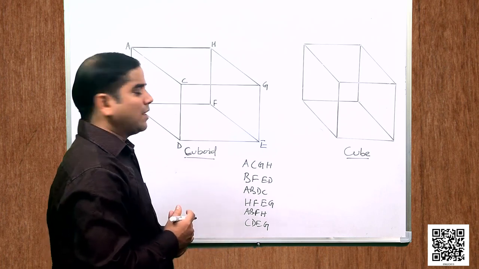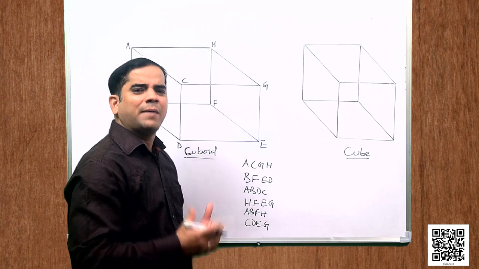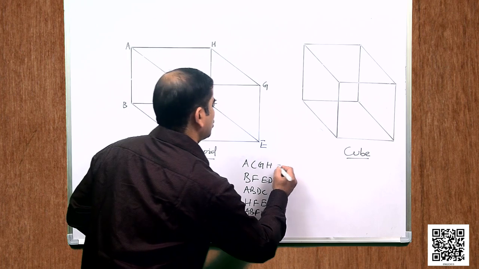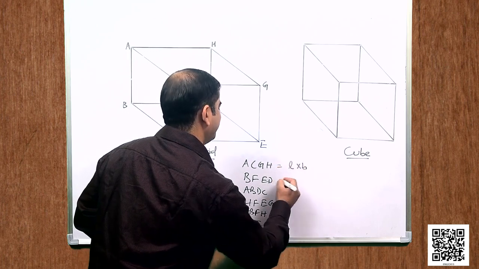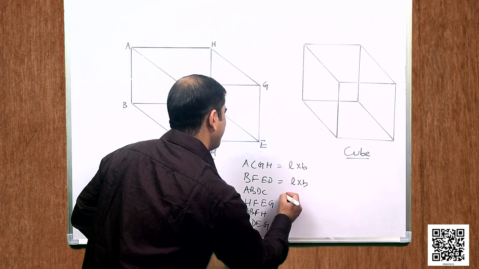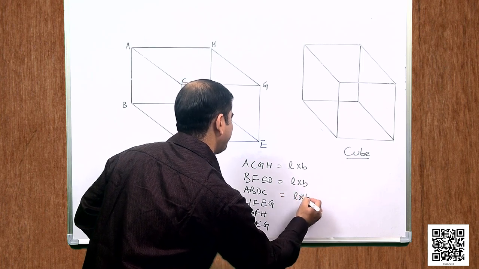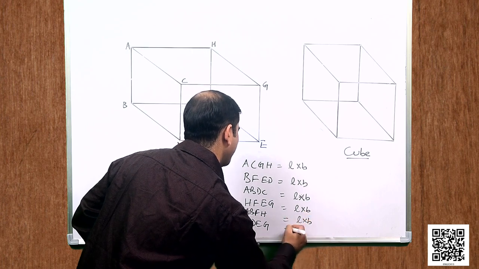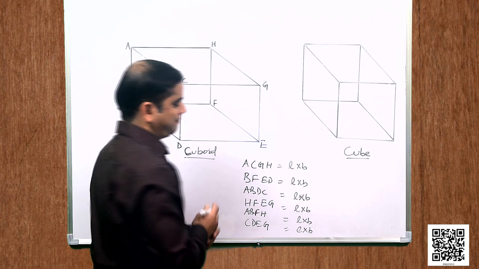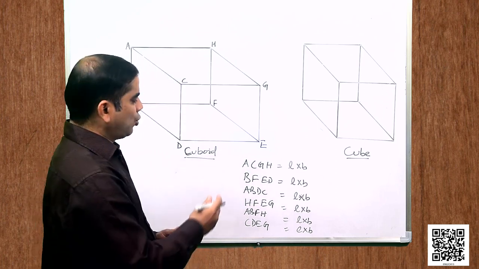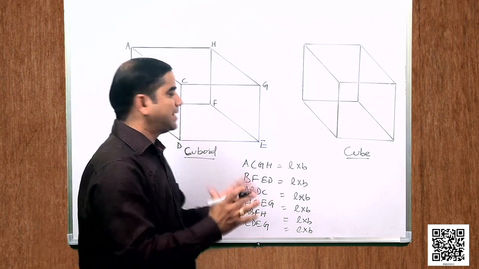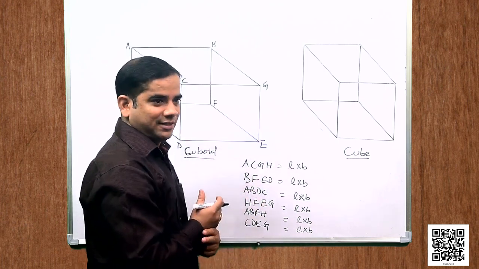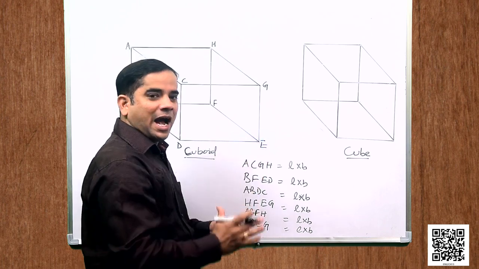Okay. So now for each rectangle we have some area, isn't it? For each rectangle the area should be L into B. This is also L into B, L into B, L into B, L into B, and L into B. Fine. So the total surface area means the sum of all the areas of these rectangles, because each rectangle has some area.